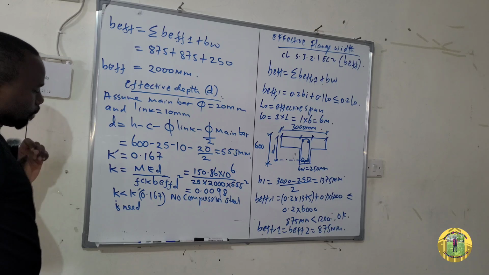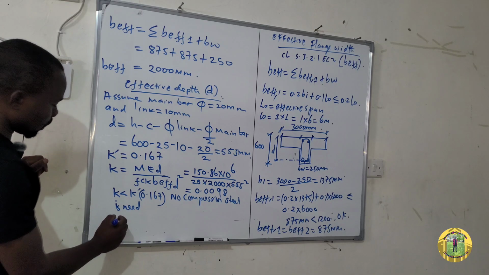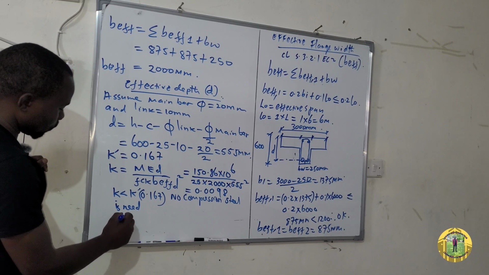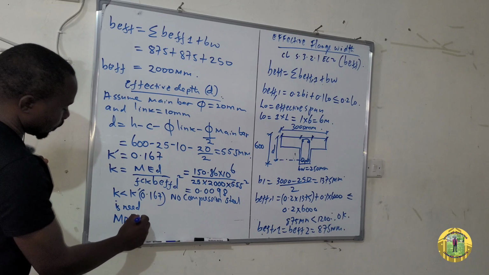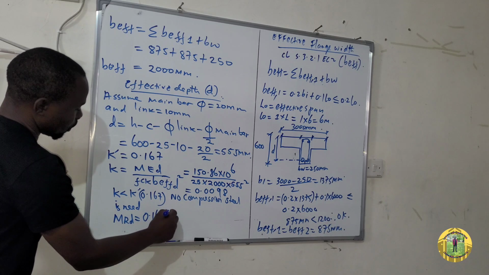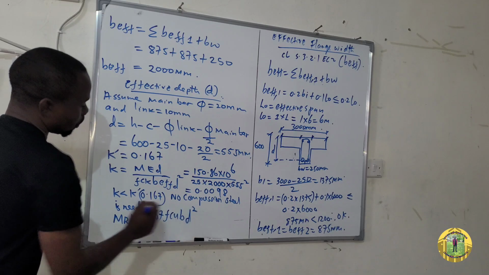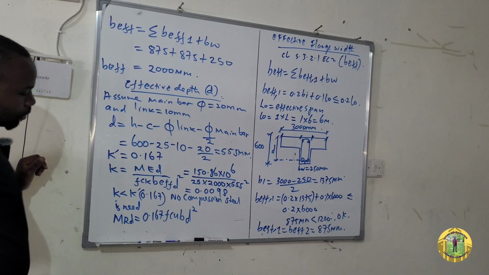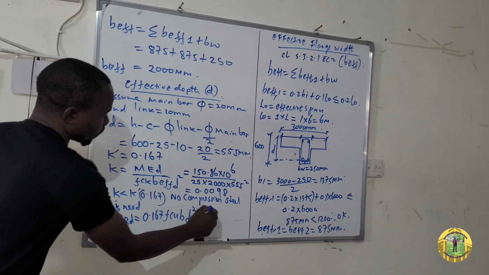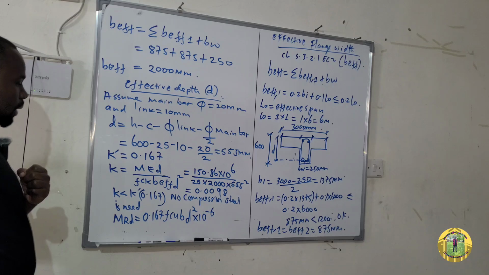reinforced beam. Instead of using K and K prime, you can as well use this one, moment of resistance MRD is equal to 0.167 FCK BD square, and then you multiply by 10 to the power of -6, so that you can have your answer in kilonewton meter.